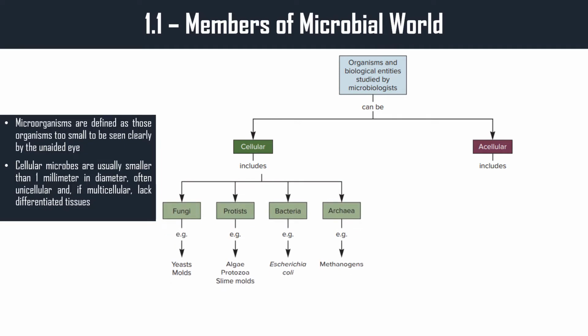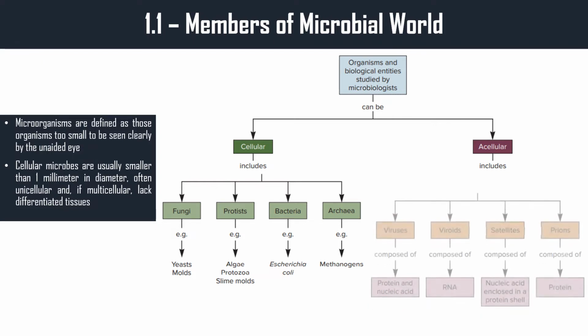Some examples of cellular microorganisms or biological entities are fungi, which include yeast and mold, protists, algae, protozoa, slime molds, bacteria, which includes E. coli, and archaea. Methanogens are examples of archaea.